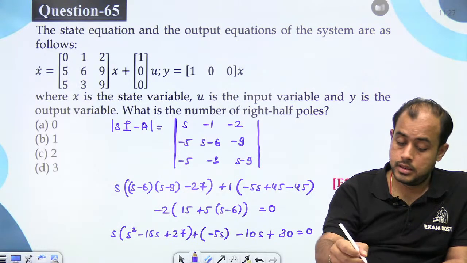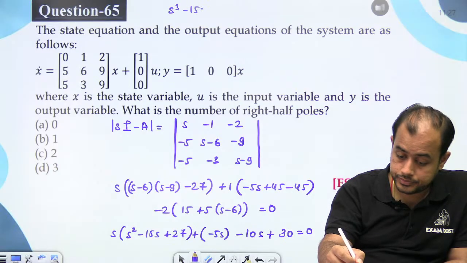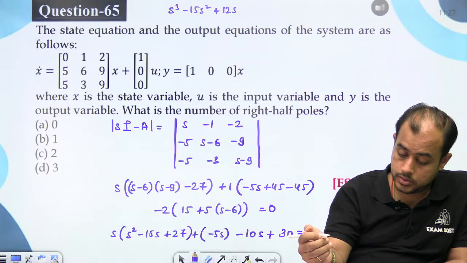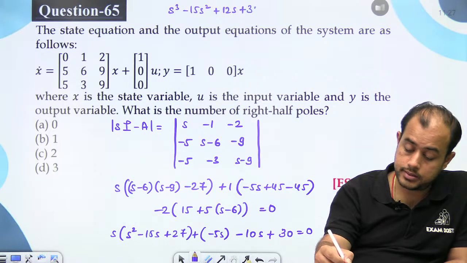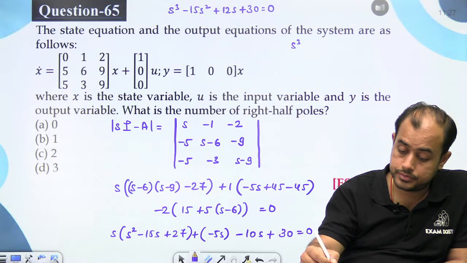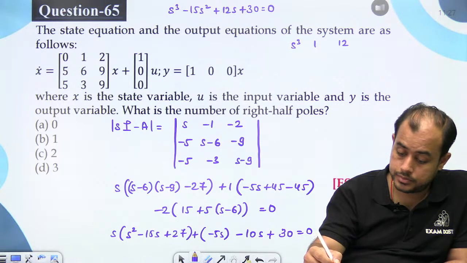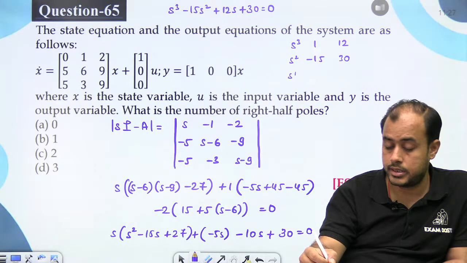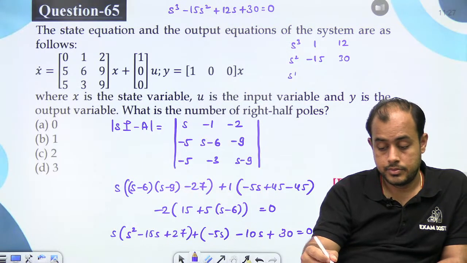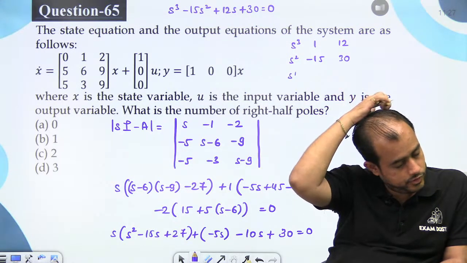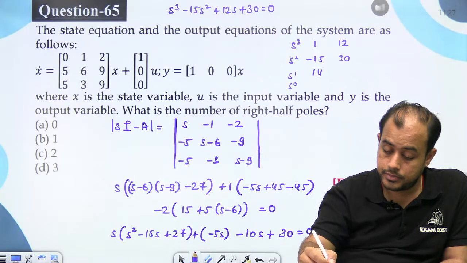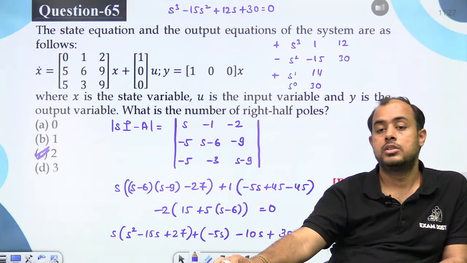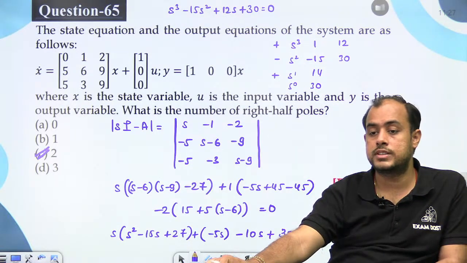Okay. So basically S cube, 27s minus 15s, 30. Minus 180 minus 210. 210 by 15, 14 आ जाएगा. So two sign changes. Two roots in the right half plane. दो आ जाएंगे बेटा राइट हाफ में बिकॉज देयर आर टू साइन चेंजेस.